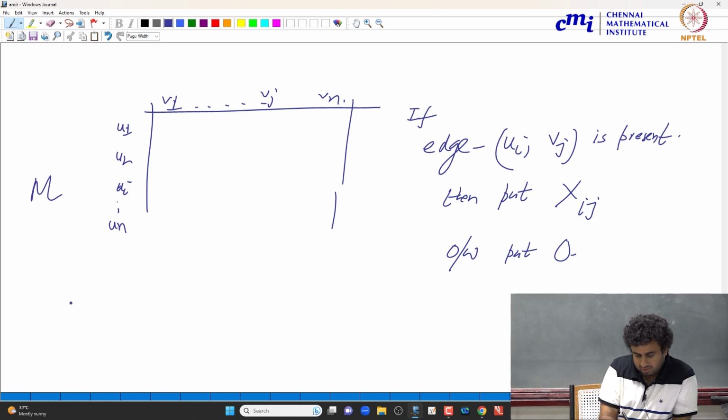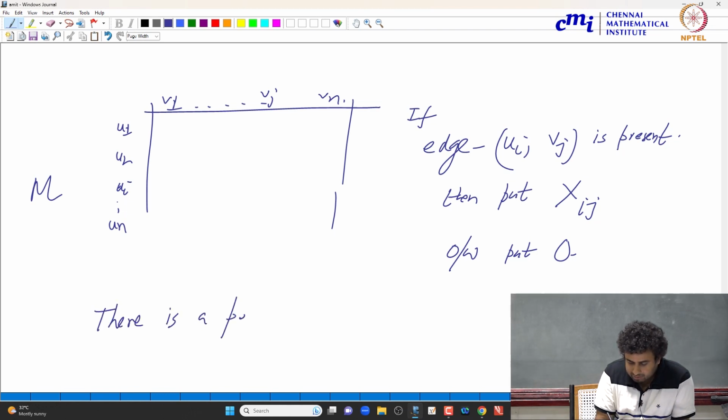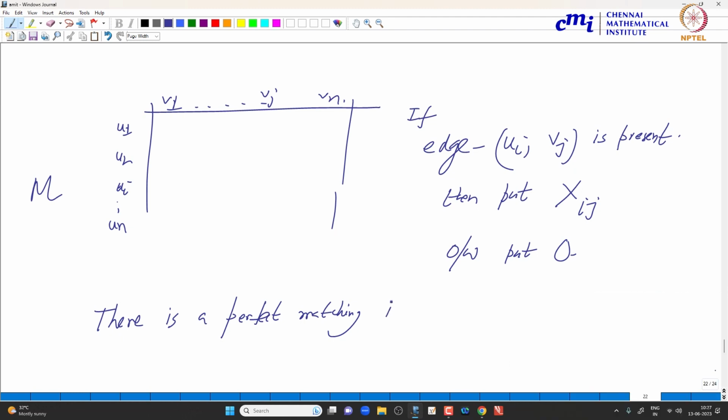You can prove that there is a perfect matching in the given graph if and only if the determinant of M is non-zero. This is not very hard to prove.